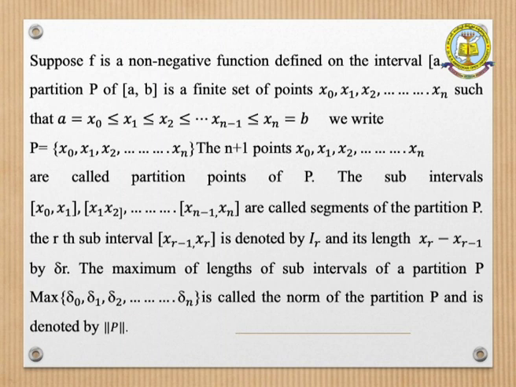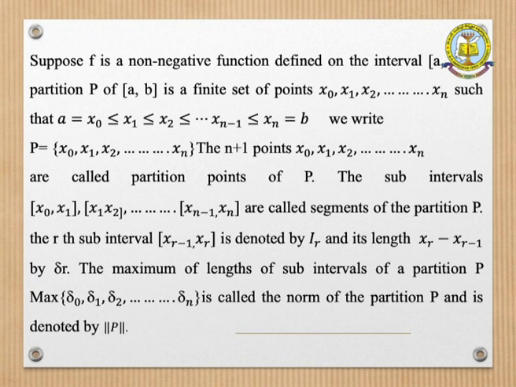That means these n plus 1 points are partition points and the subintervals [x0, x1], [x1, x2] and so on, [x(n-1), xn], these are called segments of the partition P. And what is the rth subinterval?